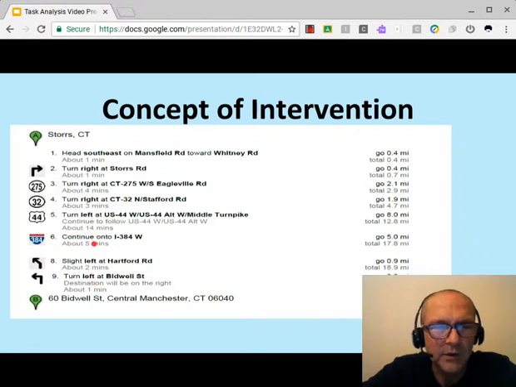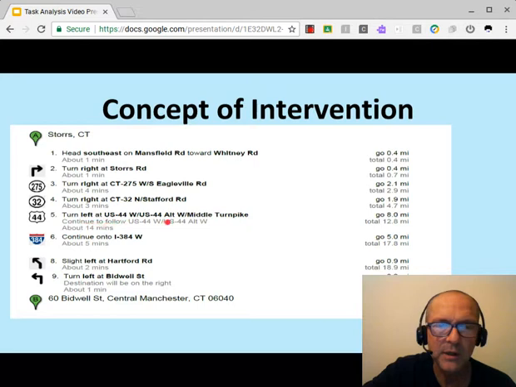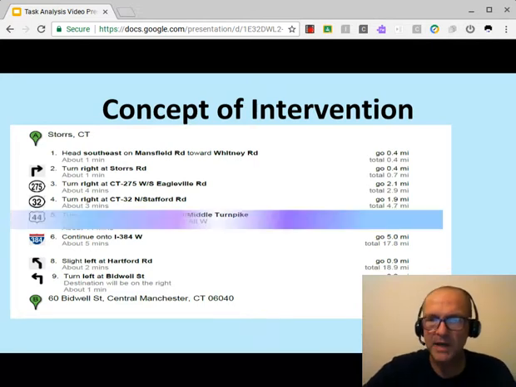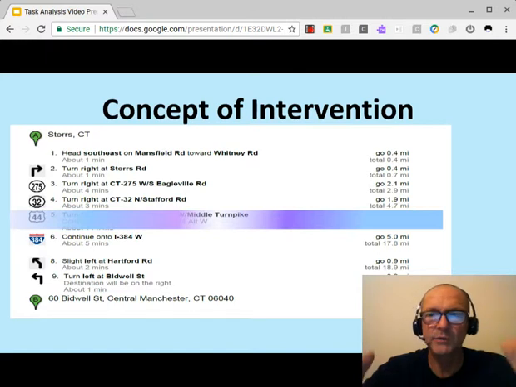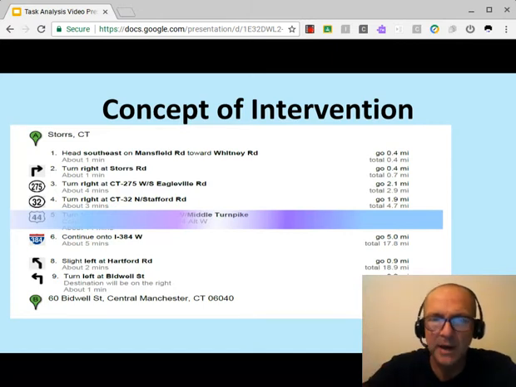The student could have completed steps 6, 8, 9, but got lost at step 5. So maybe that's the only step causing trouble. A task analysis helps identify that one step, drill down and focus on it, and get the student past that step.